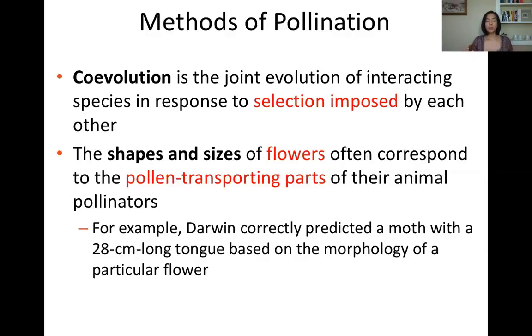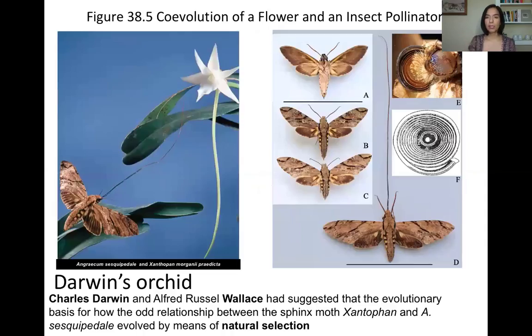When Darwin ran into this issue, he hypothesized that a moth with a 28 centimeter long tongue would be the pollinator. And it was very interesting because the plant was discovered first, and then the moth was discovered. And this is the moth with the long proboscis that will reach this structure in the orchid flower.